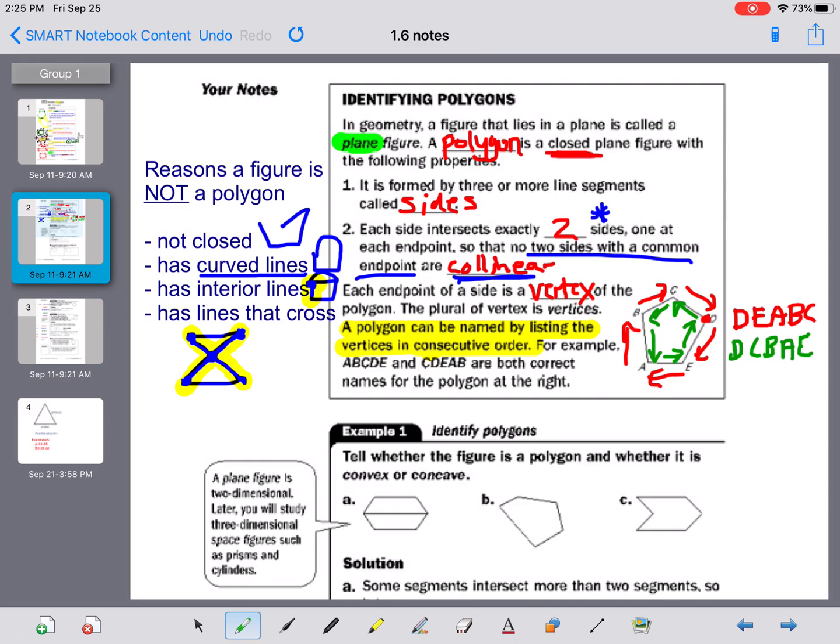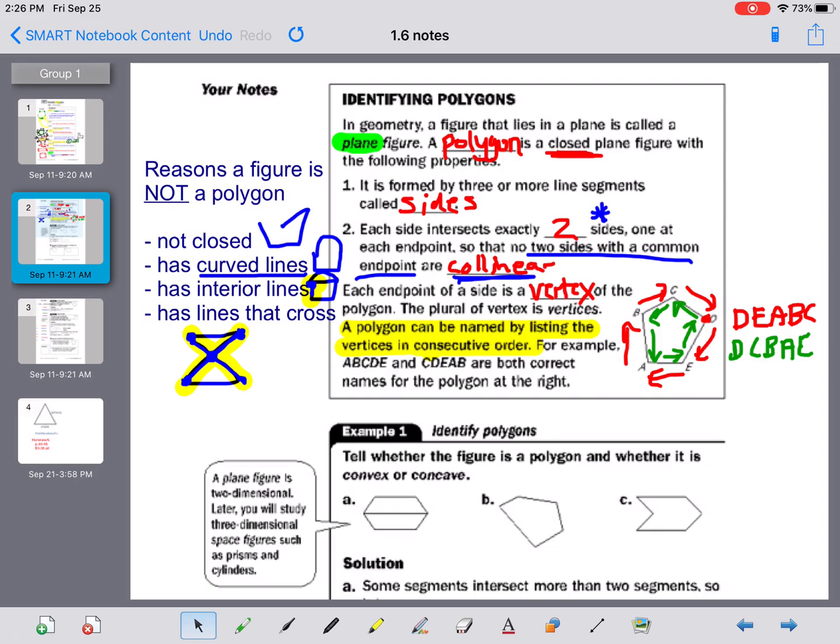You can't mix those up. When we named a plane the other day, we could choose any three points and name it, and I told you the order didn't matter. And it doesn't matter when you name a plane. But when you name a polygon, you have to choose one vertex and keep rolling in a circle, either counterclockwise or clockwise, until you get back to the point you started with. No jumping around on naming a polygon.